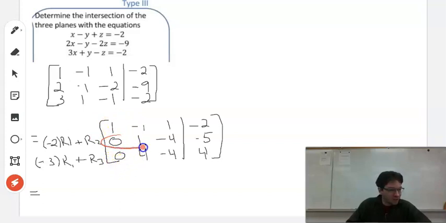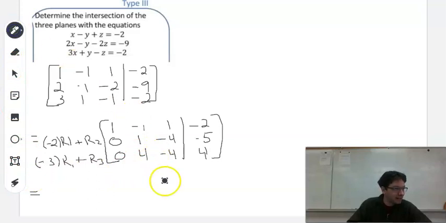So I want to work with this row. If I take that number and multiply it by -4, then I can add it to row 3. So for the last row, I'm going to multiply row 2 by -4, and then add that to row 3.